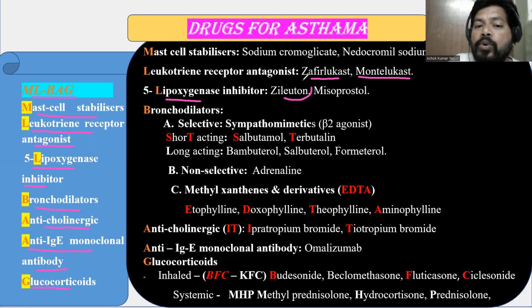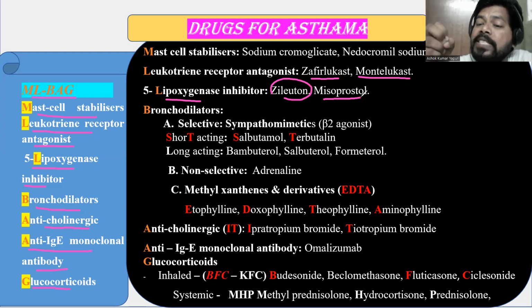So next, 5-lipoxygenase inhibitors. The main selective drug is zileuton, and misoprostol may also have an inhibitory effect on 5-lipoxygenase. 5-lipoxygenase is one of the enzymes responsible for the leukotrienes.